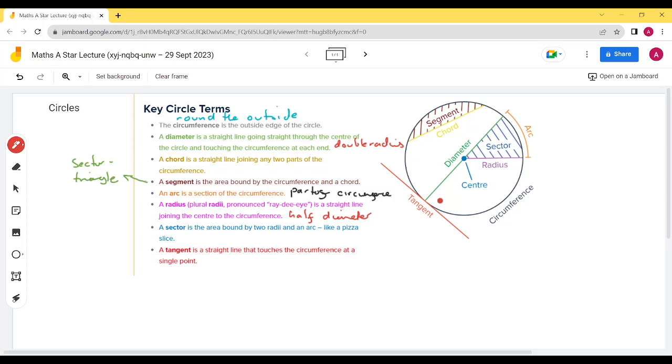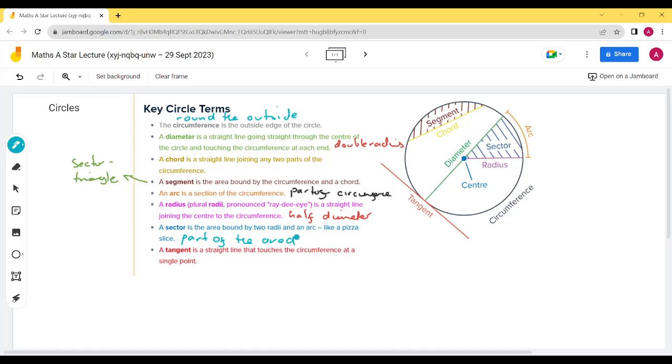And then we've got a sector. A sector is basically like a slice of a circle, almost like a slice of pizza. It's from the middle to the outside. You could say a sector is part of the area, being all the inside of any 2D shape.